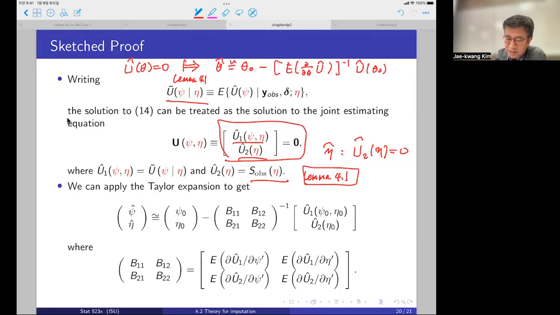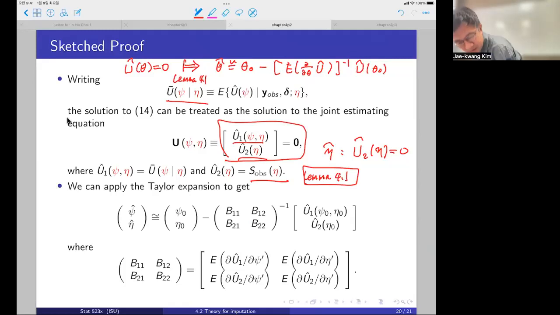Of course, this is an approximation. So this is a single zeta, and now we have two parameters. So this is zeta hat, and you have this.